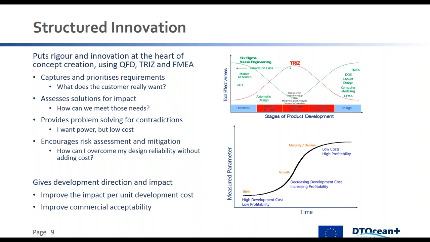And there's lots of evidence that those three tools taken together are particularly effective at doing that. And so overall, really what we're about is giving the development some direction and impact per unit of development cost, to really improve your innovation process, effectiveness, and costs, and ultimately get to more commercially acceptable solutions at the end of it all.